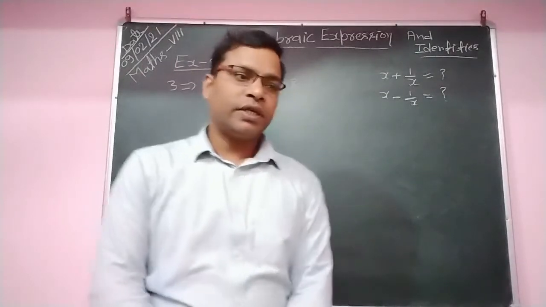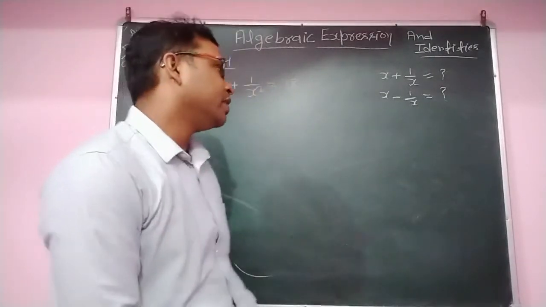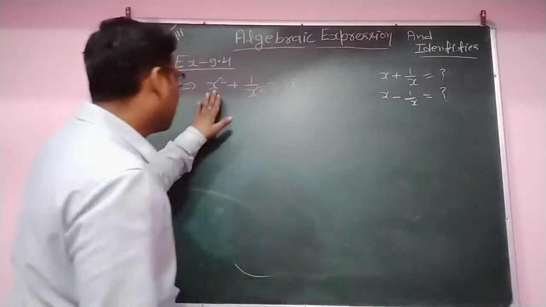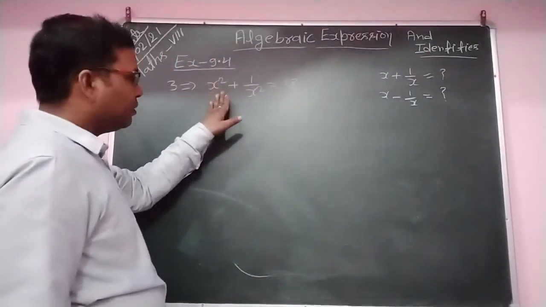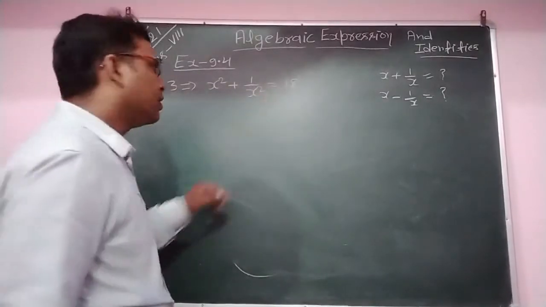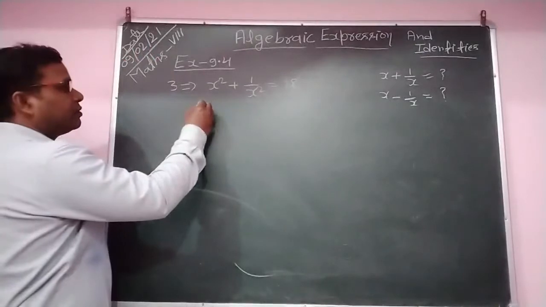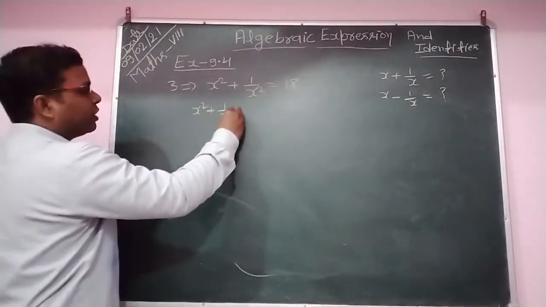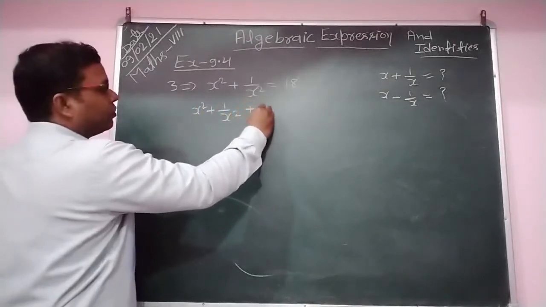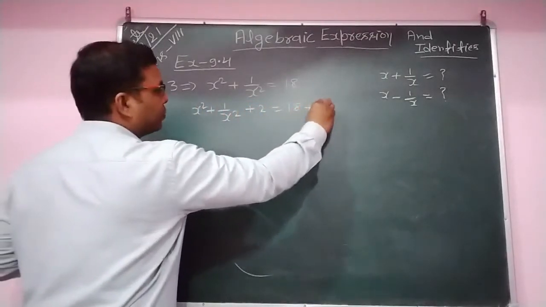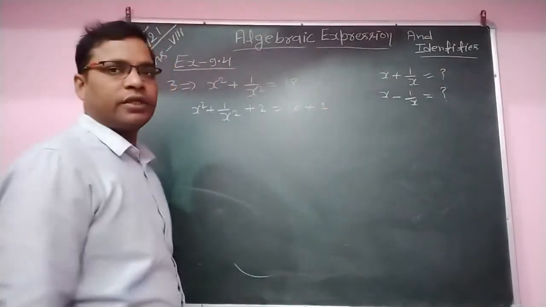So here, to obtain the value of x plus 1 upon x, we add 2 to both sides. So let's see, to x square plus 1 upon x square we add 2, and here again 18 plus 2. This is clear now.